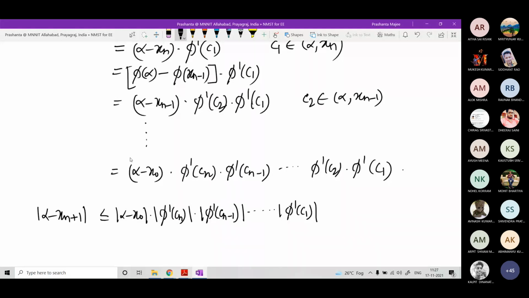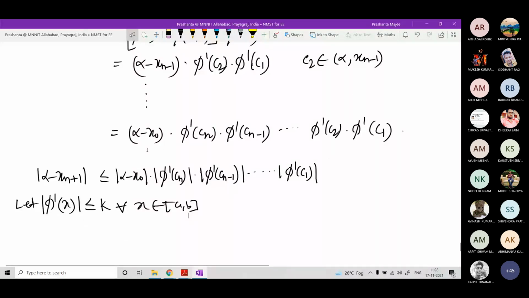So first thing you assume is that the function phi has to be differentiable. Second criterion is the derivative of the phi function has to be bounded. Whatever phi function you choose while creating the iterative procedure xn plus 1 equals phi xn, that phi has to be differentiable and the derivative of the phi function in the interval a, b in which you want to find a root has to be bounded. So let mod phi dash x be less than or equal to k for all x belonging to the open or closed interval a, b.